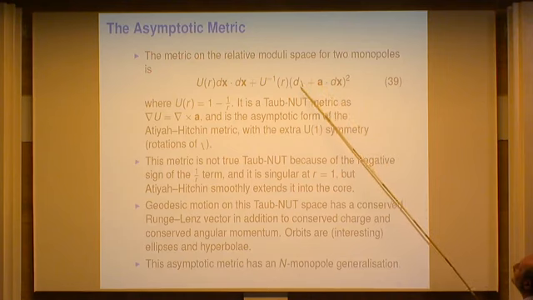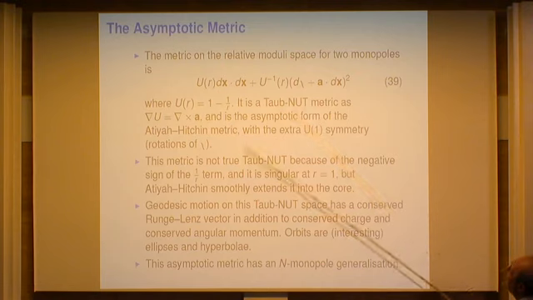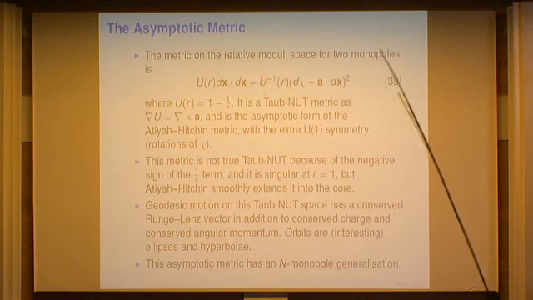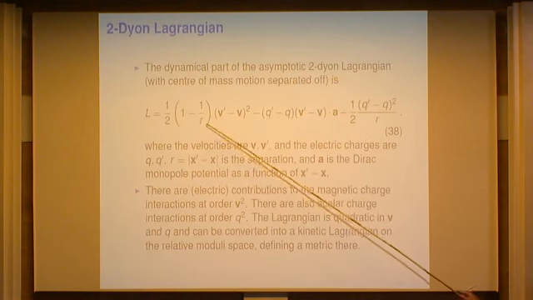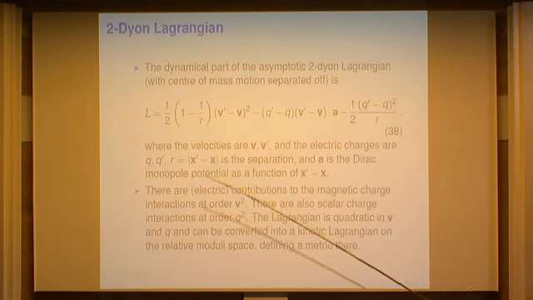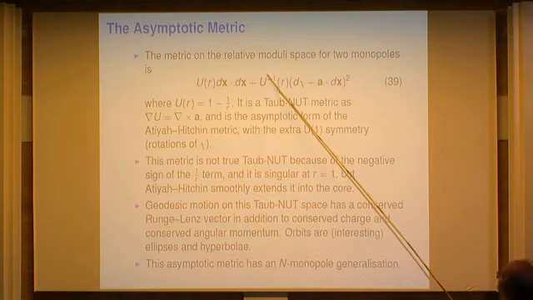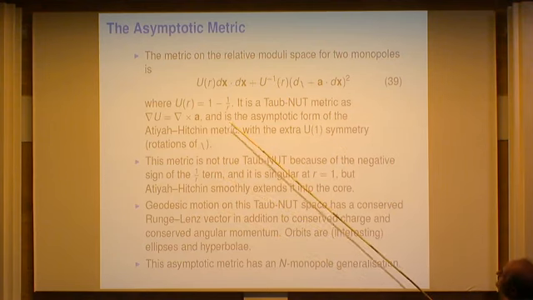So this is really time derivative language. This is a q and this is a v. And u is 1 minus 1 over r because basically that is u there. And then there's a u inverse in this term.